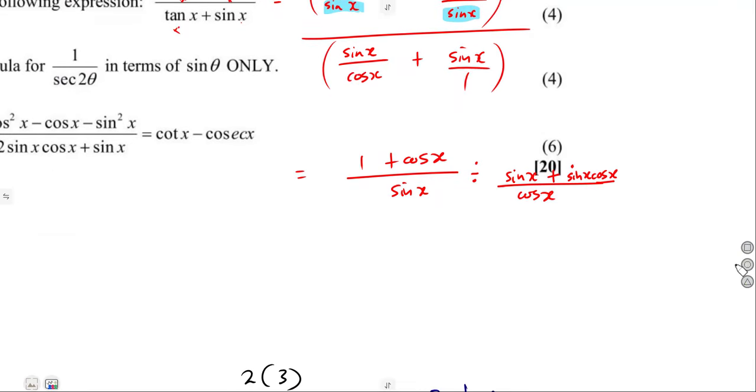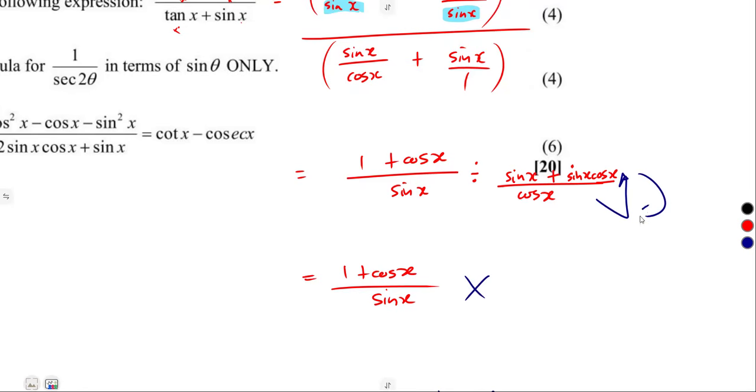Remember, we're dealing with a division. Where there is a division, we are supposed to introduce a multiplication and invert the second fraction. That's going to be cos x over the denominator, which we can factorize. The sine of x is common.